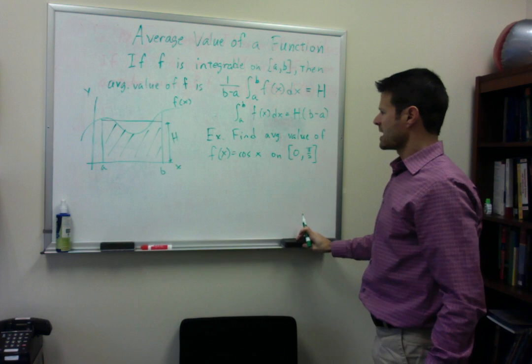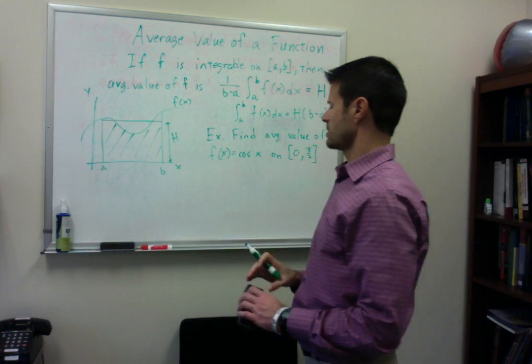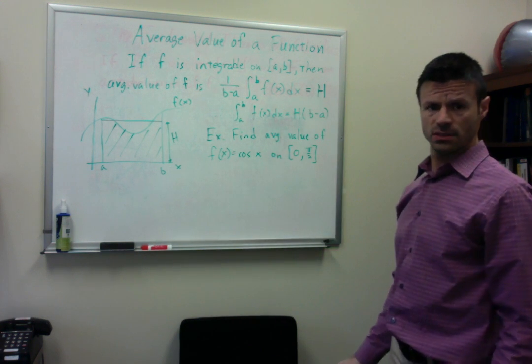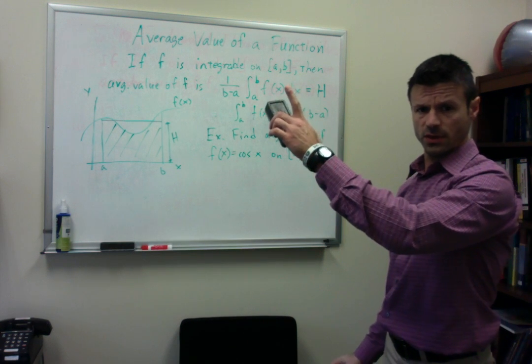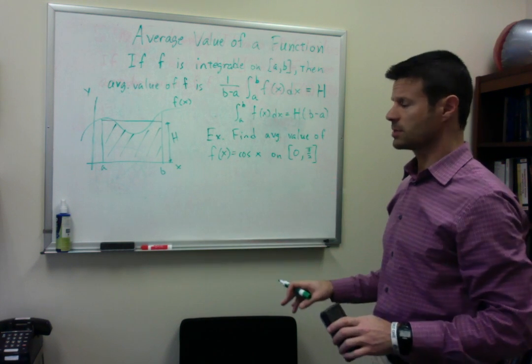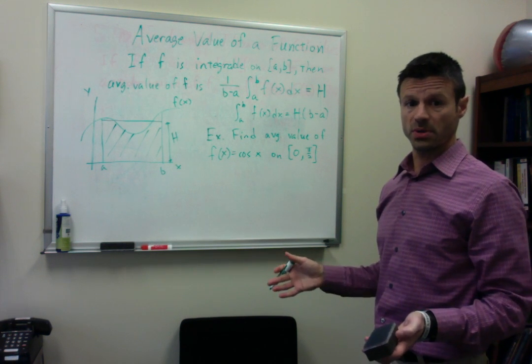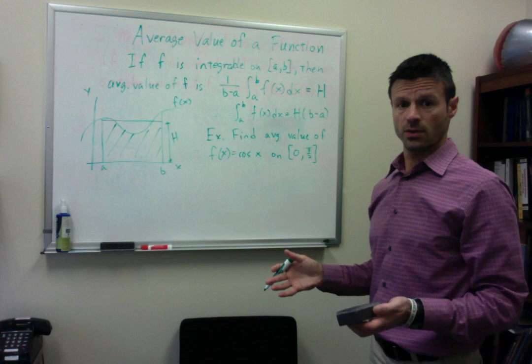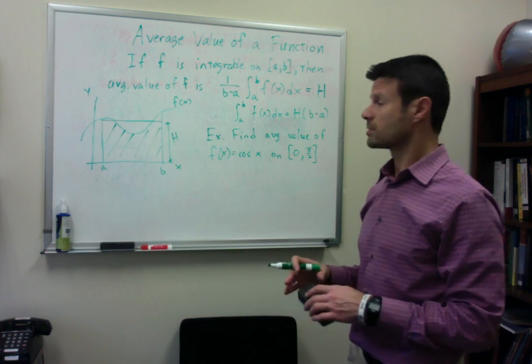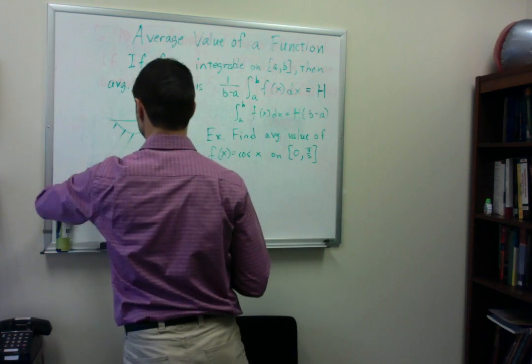Okay? And so we can draw a picture of this, and you can think of what cosine x is. All right? It's 1 at 0, and then it goes down to 0. So that area, if we were to just compute the integral from 0 to pi over 2 of cosine, we know that that represents that area under the curve. Okay, because cosine is positive on that interval.